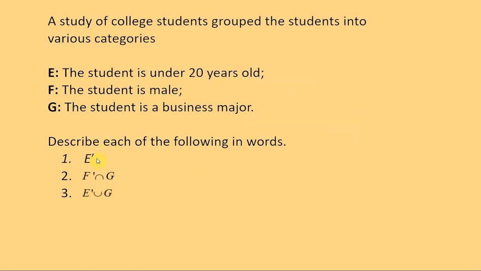E complement would be the opposite of E, or whatever is not in the set that describes E. Since E is students that are under 20 years old, E complement would be students that are not under 20 years old, or we could say a student that is 20 years or older.